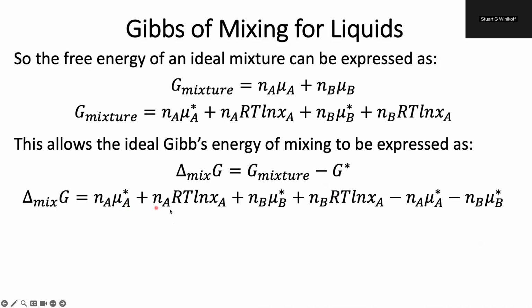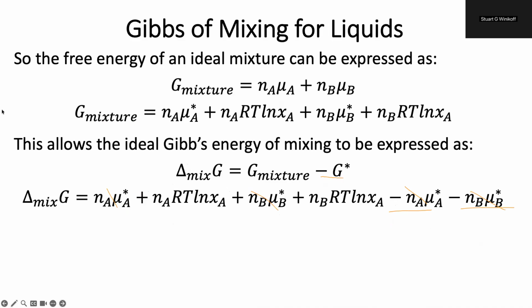So we have our mixture component here, and then we can express the free energy of the pure solvents using these corrective terms. Note that when we do this, this will cancel out with the original reference states.